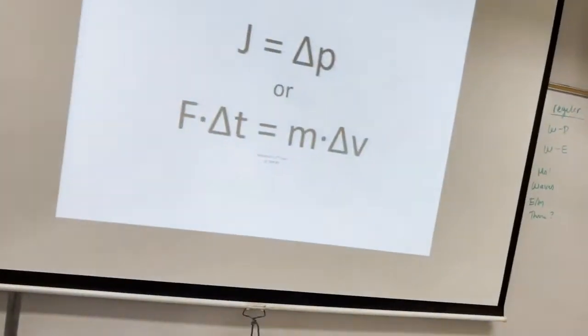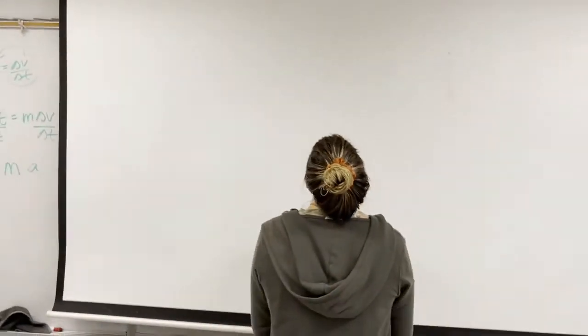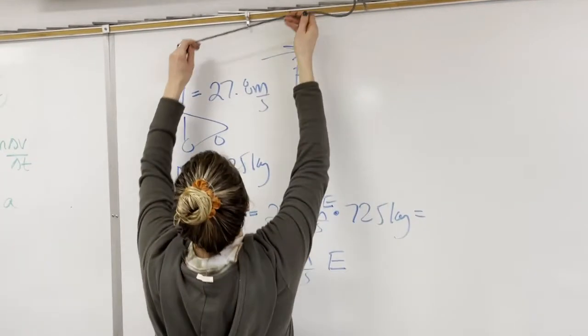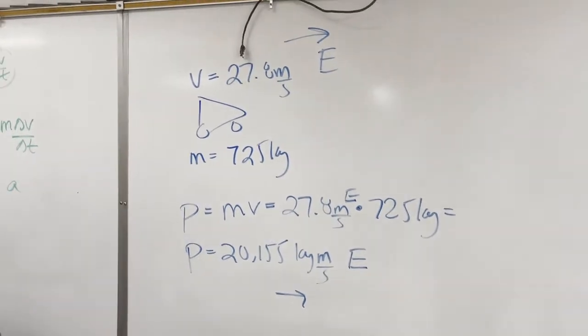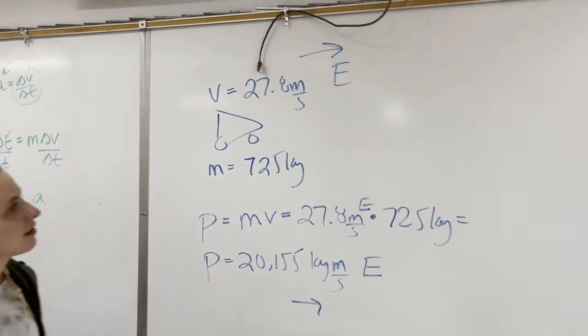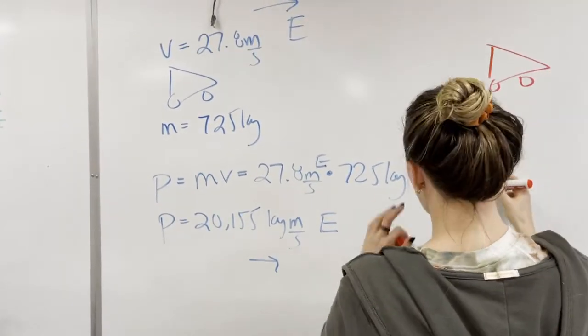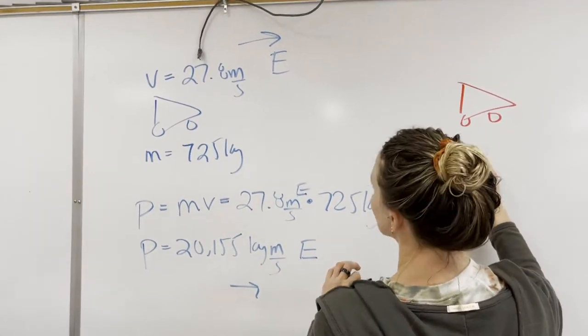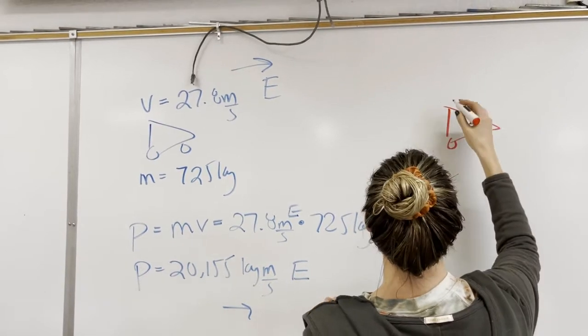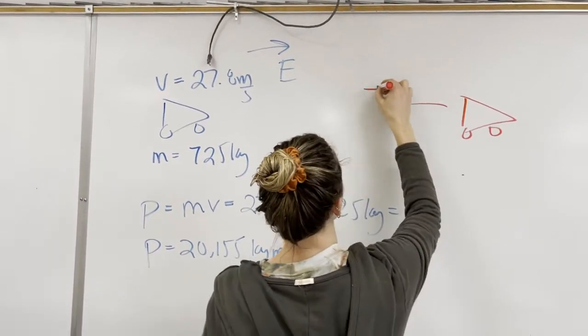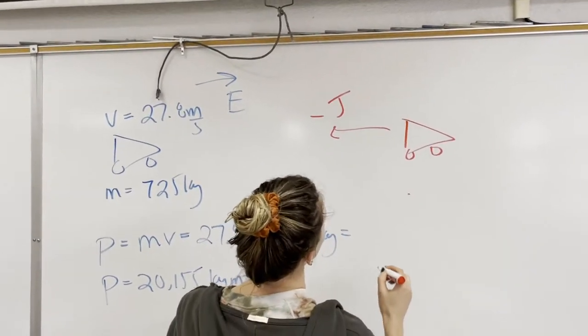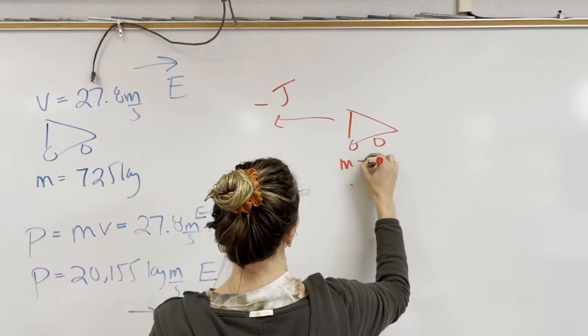Sketch the situation. So there's the car before. Then a negative impulse, the impulse would be in the opposite direction. So it's going to be a negative J right here. The mass of the car is the same, it doesn't change.